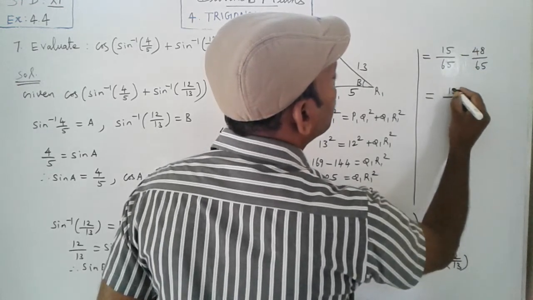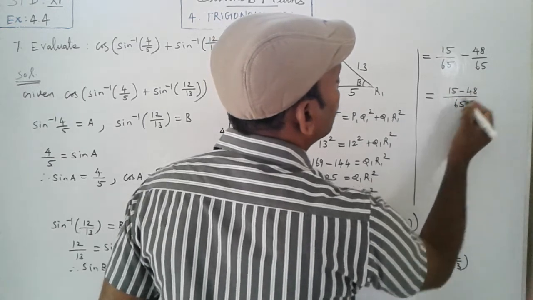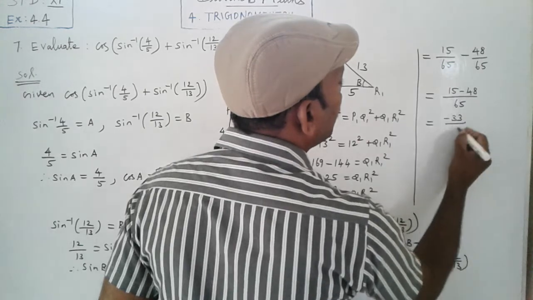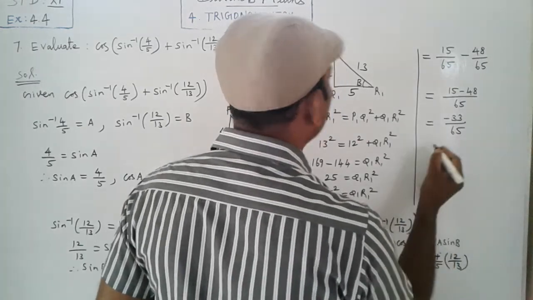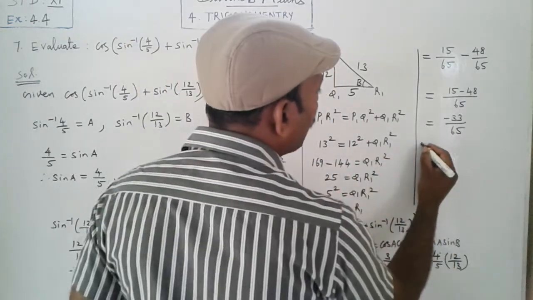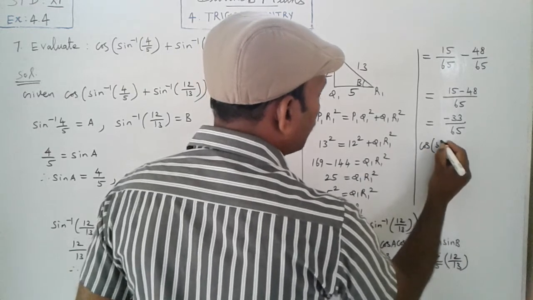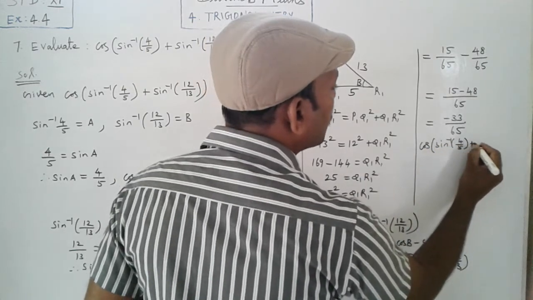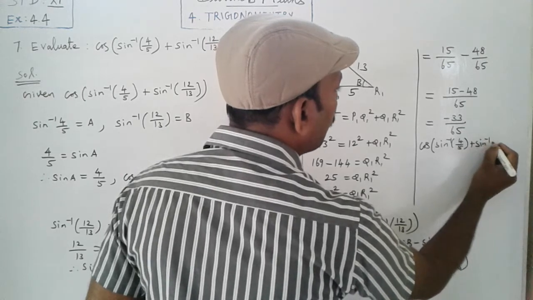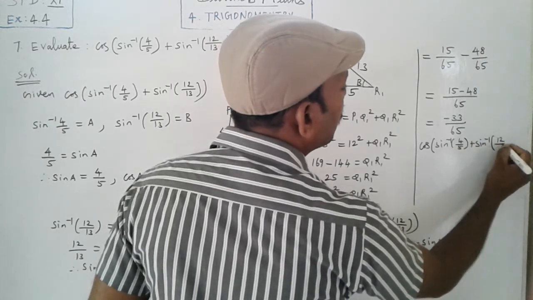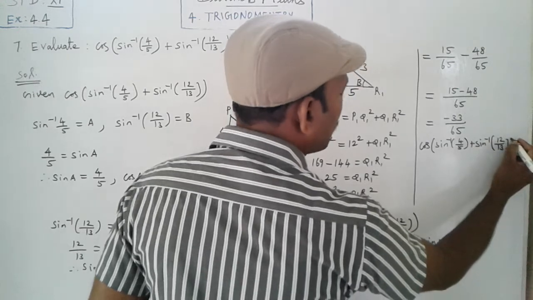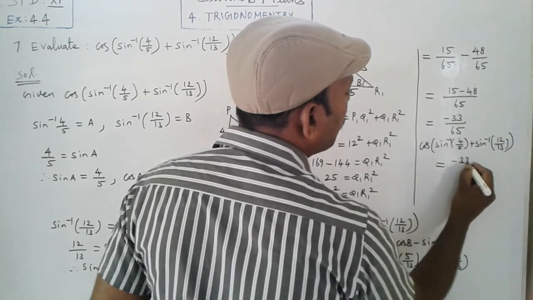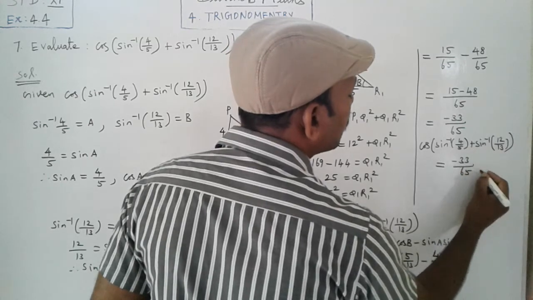So 15 minus 48, subtract them, minus 33 divided by 65. So the value of cos of sin inverse of 4 by 5 plus sin inverse of 12 divided by 13 is minus 33 divided by 65.